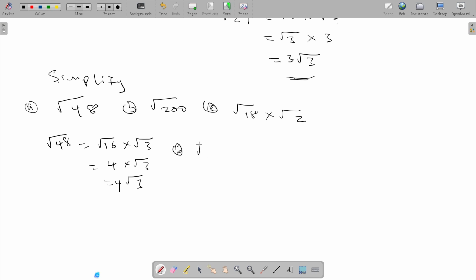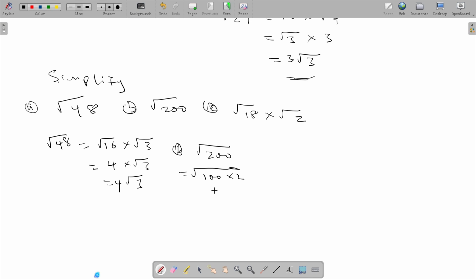For B, square root of 200. Again, we can divide it into its factors, right? We can break it down. So let's go. Square root of 100 times 2 is the same as 200, right? Why did I pick 100 times 2? Why didn't I choose 50 times 4?